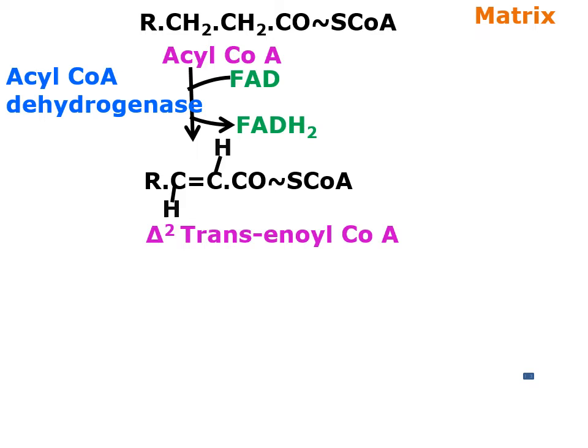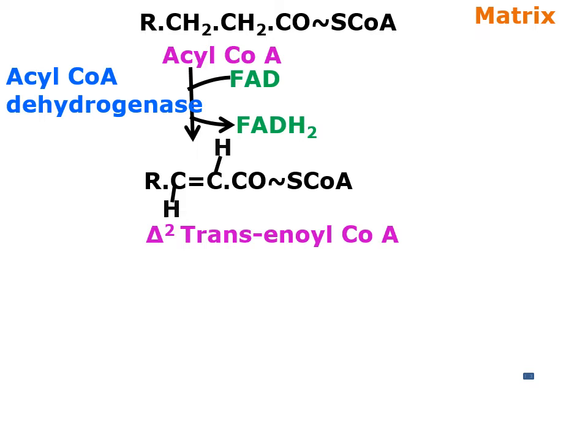Now in between alpha and beta, two hydrogen atoms are removed, and that is taken up by FAD, getting converted to FADH2, and it forms a structure called alpha beta unsaturated acyl CoA, or trans-enoyl CoA.